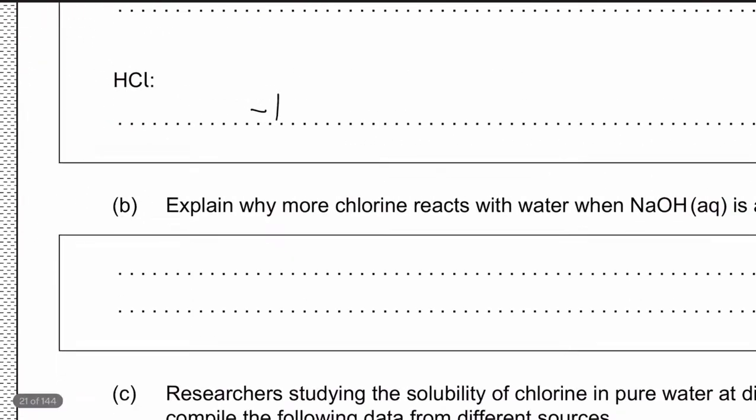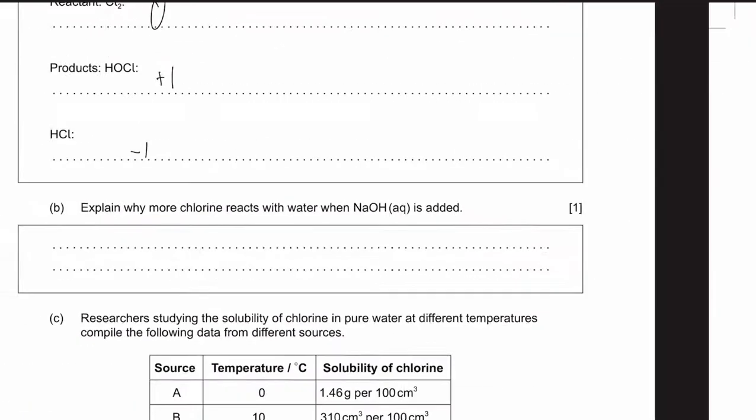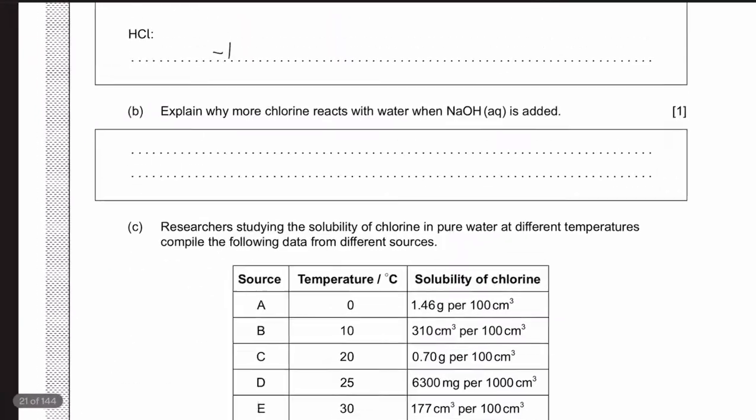There we go. Explain why more chlorine reacts with water when NaOH is added. So let's look at the equation. So more chlorine is reacting with water, meaning the equilibrium is going to do this, is what it's saying. Why would that happen? Well, it would happen if we're losing our products. And if you see here, both our products are acid, and we're adding a base, which is NaOH, a strong base. So what's actually happening is the NaOH is neutralizing these acids, which is causing the equilibrium to shift to the right to replace the lost acid. So how can we explain that?